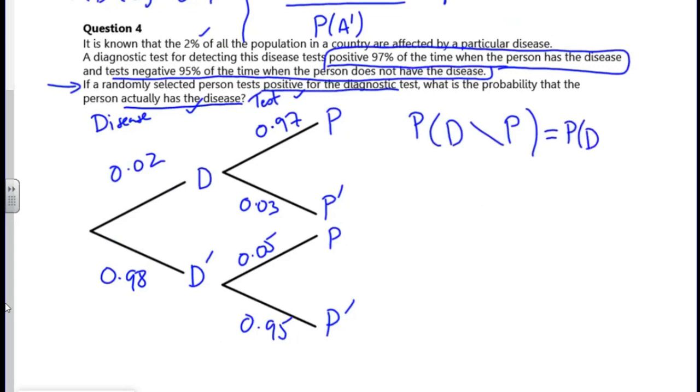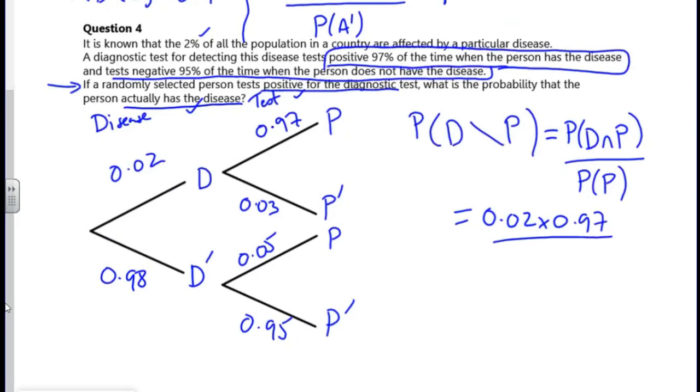So that will be disease and positive over the probability of being positive. So positive can come from this branch, which is 0.02 times 0.97.